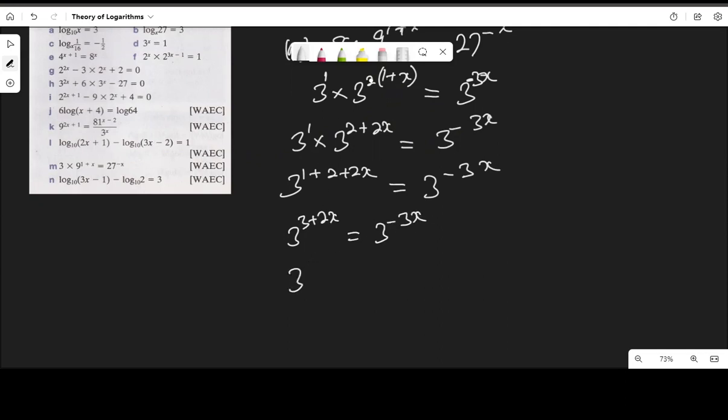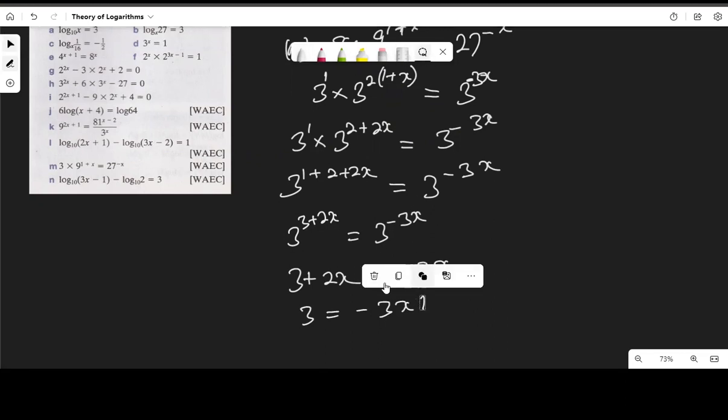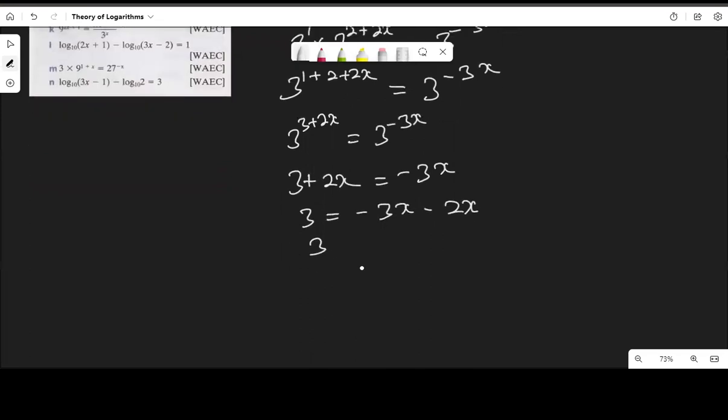Okay, the bases are the same, so let's equate the powers. 3 plus 2x equal to negative 3x. Collecting terms, 3 is equal to negative 3x minus 2x. 3 equal to negative 5x. Divide both sides by negative 5. So x therefore is negative 3 over 5.